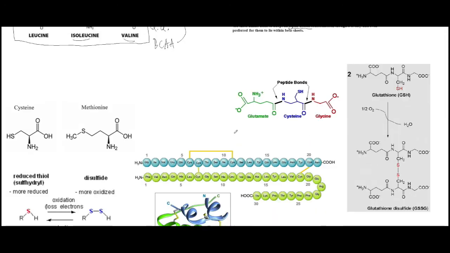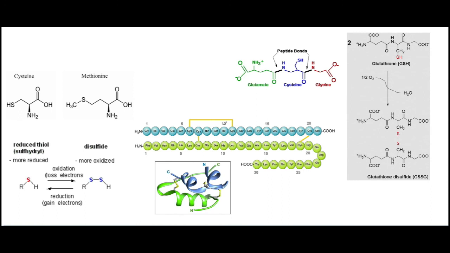Alright, and so now let's talk a little bit about cysteine and what makes cysteine one of the special cases of amino acids. So I also have methionine drawn here because it also contains a sulfur, but it's the sulfur on cysteine that we're going to be concerned with here.